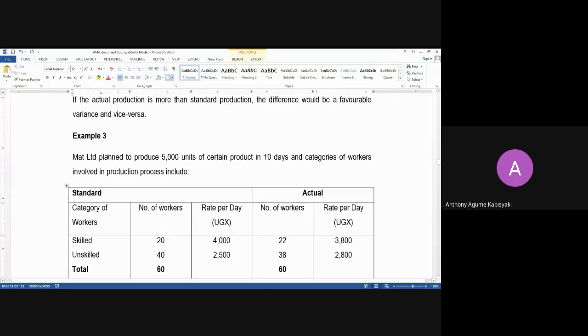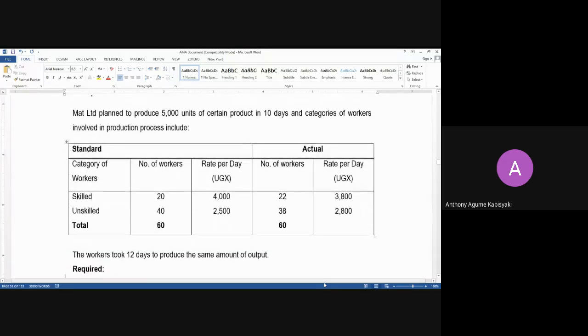Now they're saying Math Limited plant produces 5,000 units of a certain product in 10 days. The categories of workers involved in the production process include skilled and unskilled. Number of workers here, 20, 40. You have been given the rate per day. Then you have also been given the actual, and the actual rate per day.